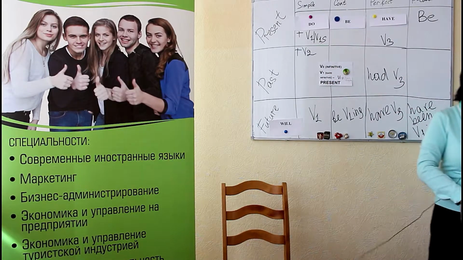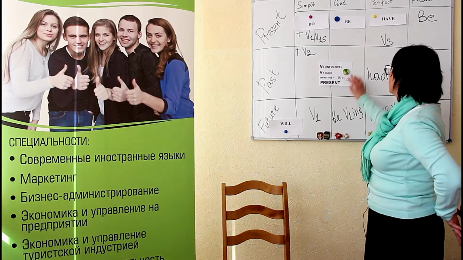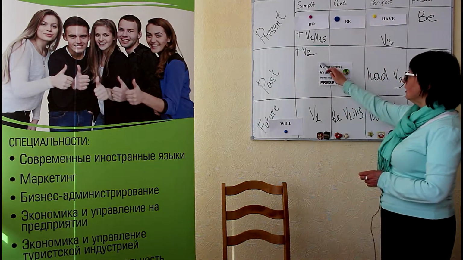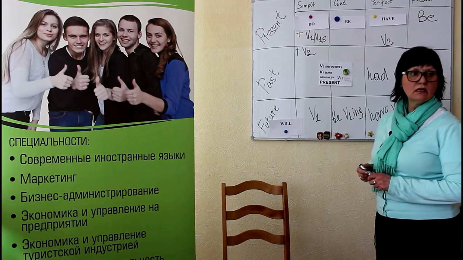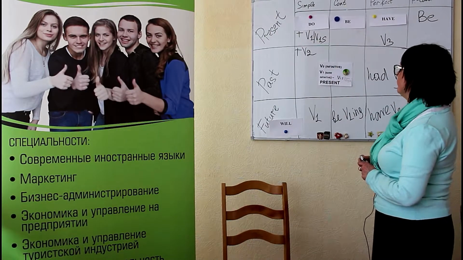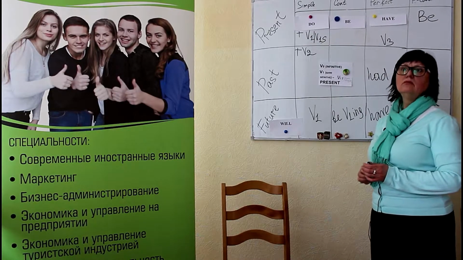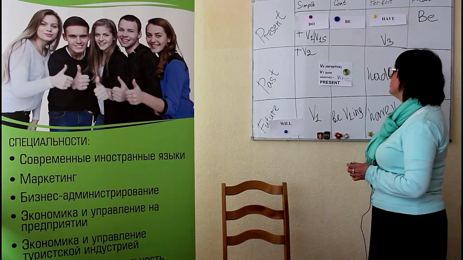Infinitive, in Russian we call it неопределенная форма глагола. And as we call verb, let us use this abbreviation V. Infinitive, что делать, играть, in the English language, to play.